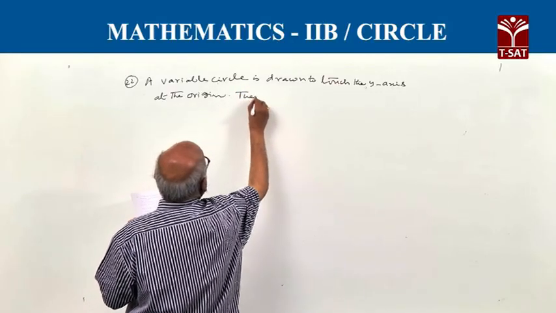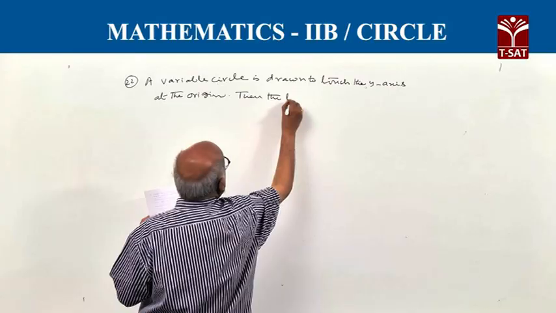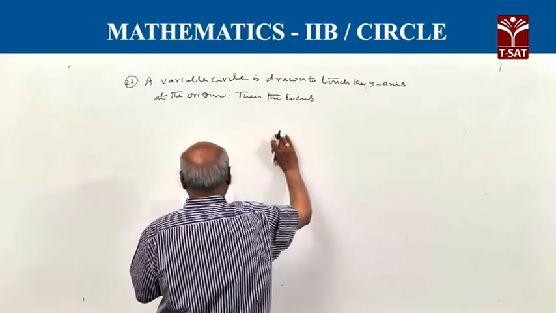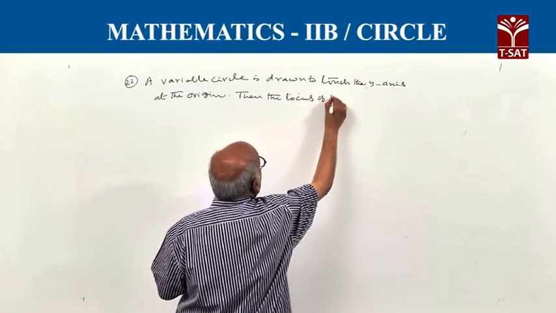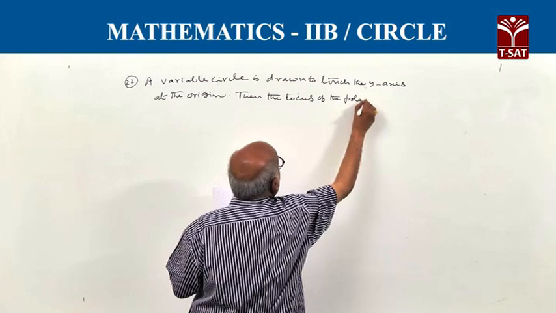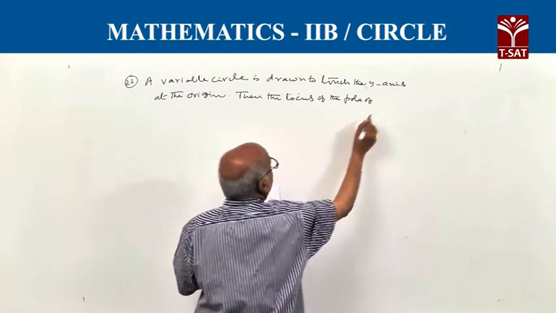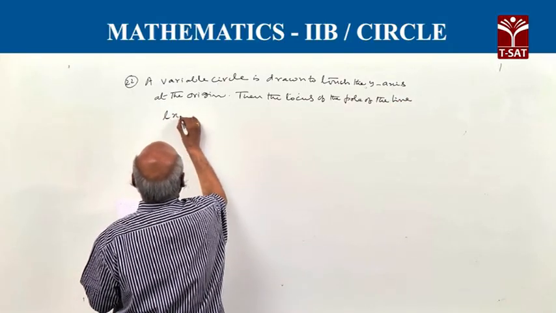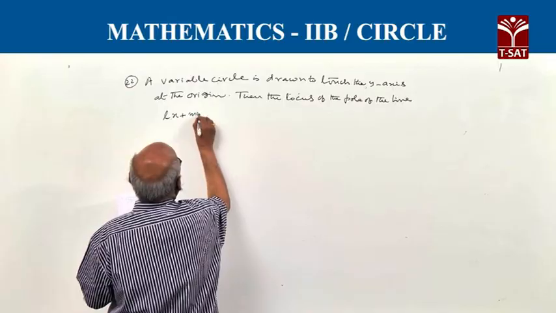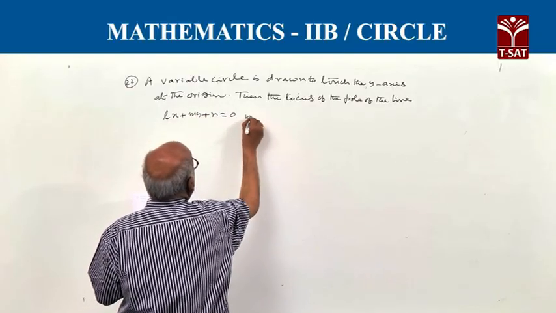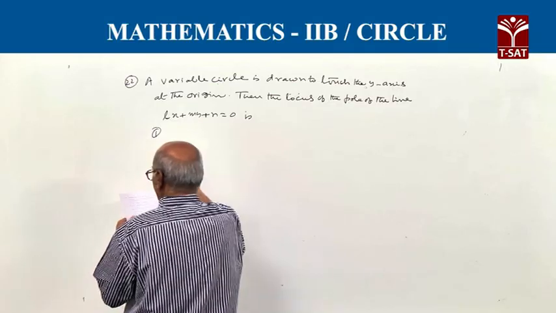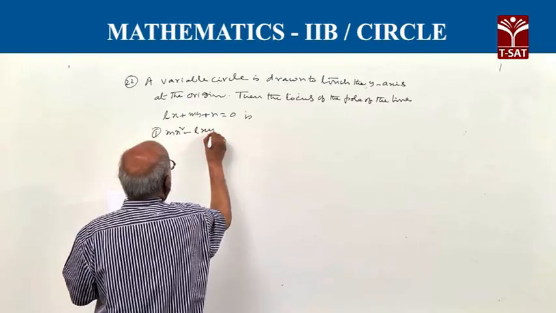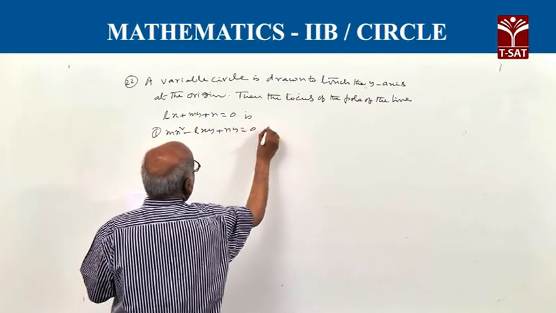Then the locus of the pole of the line Lx plus My plus n equal to 0 is: number 1, mx square minus Lxy plus ny equal to 0.